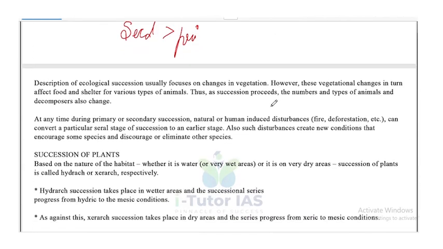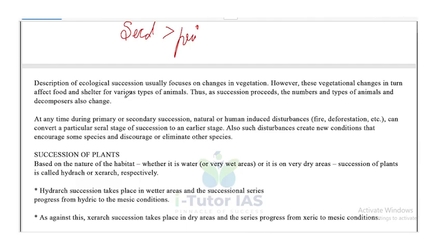Moving on. Description of ecological succession usually focuses on changes in vegetation. However, these vegetational changes in turn affect food and shelter of various types of organisms.